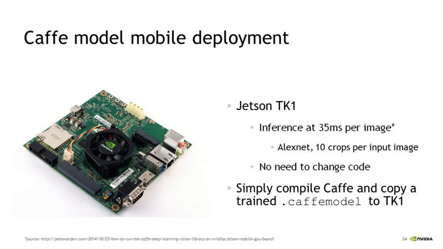You can take a Caffe model that you've trained maybe in your data center, on your laptop, or on your workstation, and copy that model file across to your Jetson TK1, where you have Caffe running in the Linux installed on the Jetson, and for AlexNet applied to images for inference, you can get at least 35 milliseconds per image with no need to change your code. It's a very straightforward deployment.